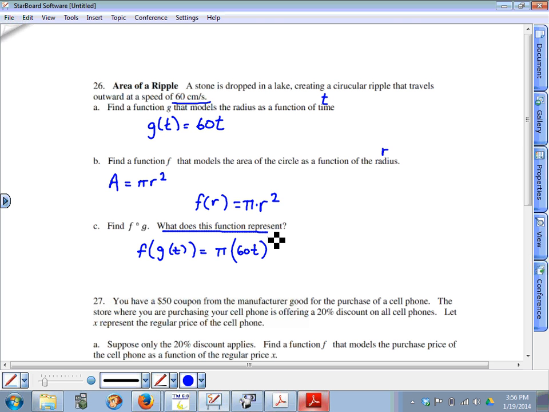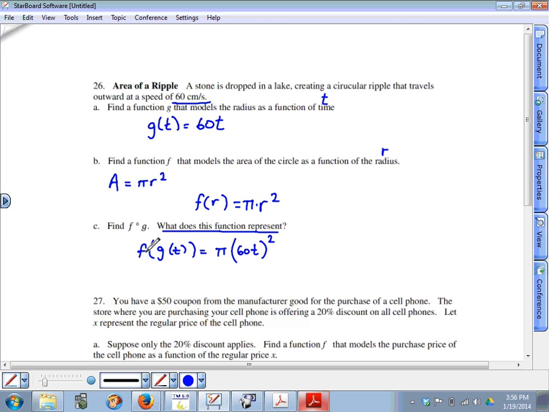Now the important question here is, what does this function represent? First of all, if g is going inside of f, it's describing the area. But originally f was defined in terms of r, and what we have now is f being described in terms of t.